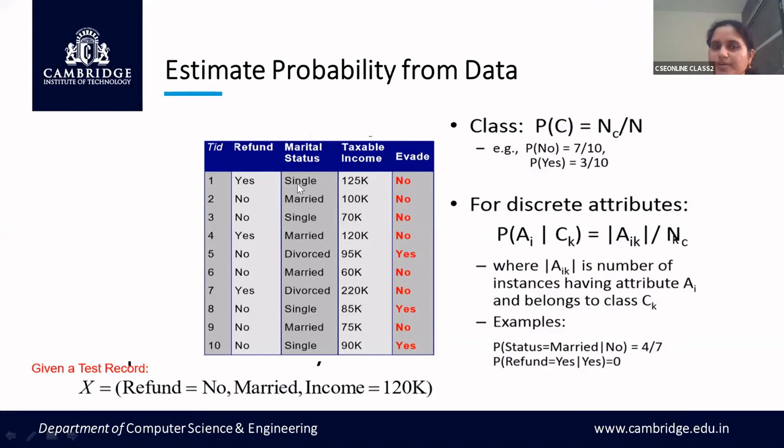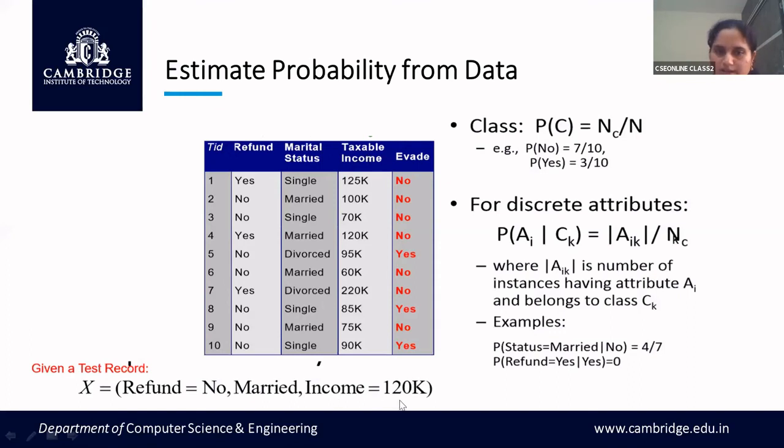Now don't consider refund. Consider only the marital status. In marital status, you have married status as only 4. Out of 4, everything is no. So the probability would be 1. So there is no need to find out probability for marital status because all the entries that you have selected belong to the same class. As I said already, if they belong to the same class, the probability would be 1.